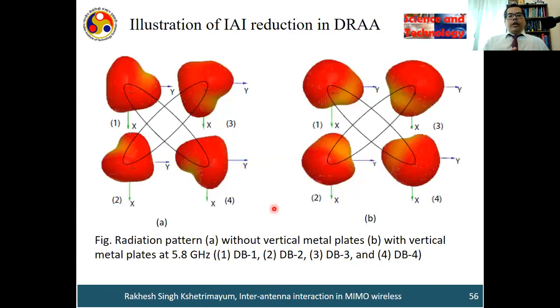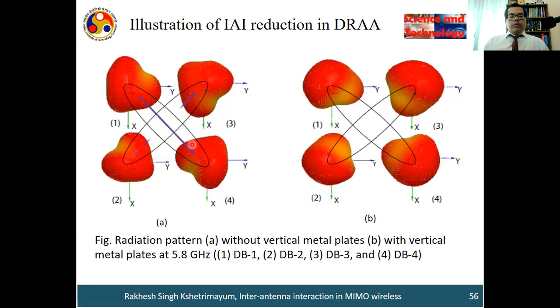Okay, so what is the effect of the vertical metallic plates we have used? Let us try to see that. These are the fields radiated, the 3D radiation pattern of all the 4 antennas we have considered here. What you see here is that this antenna and this antenna have a similar kind of radiation pattern. This antenna has a similar kind of radiation pattern because the feed and the excitation we have given was very similar. So this field and this field, there will be a lot of interaction here.